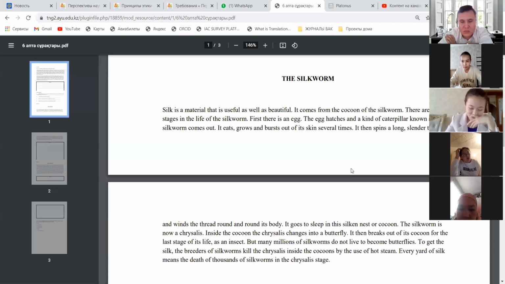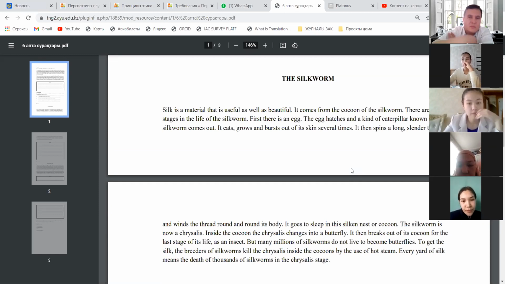But many millions of silkworms do not live to become butterflies. To get the silk, the breeders of silkworms kill the chrysalis inside the cocoons by the use of hot steam. Every yard of silk means the death of thousands of silkworms in the chrysalis stage.